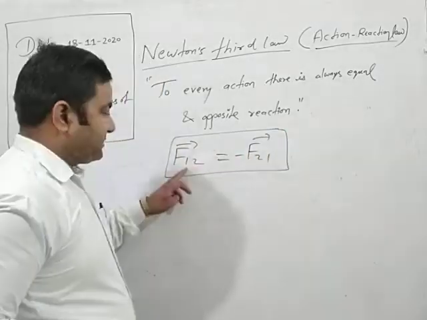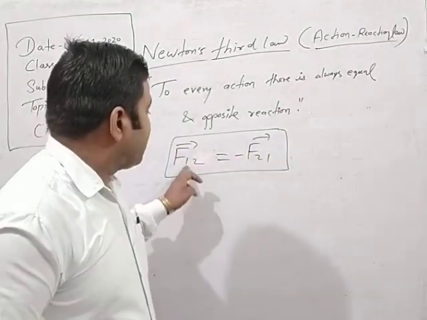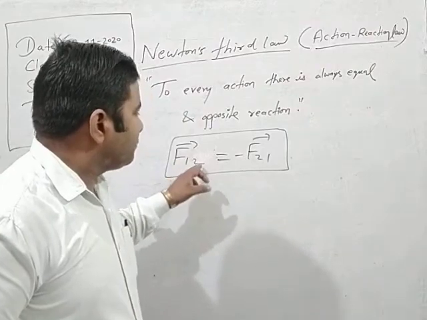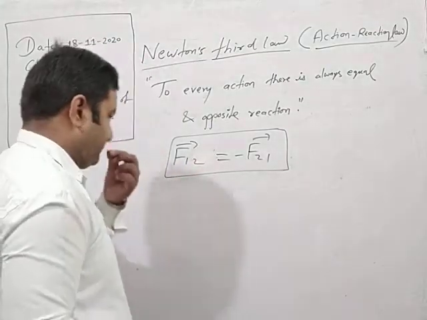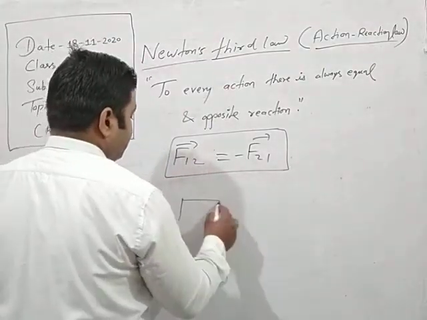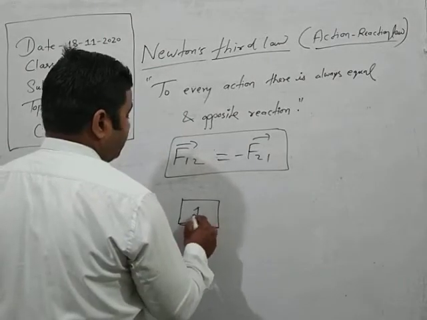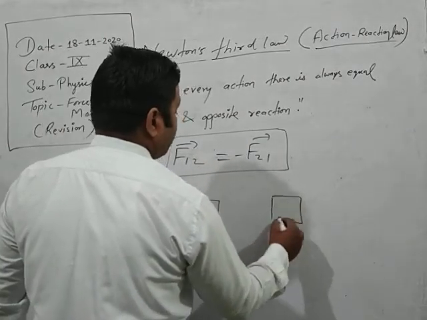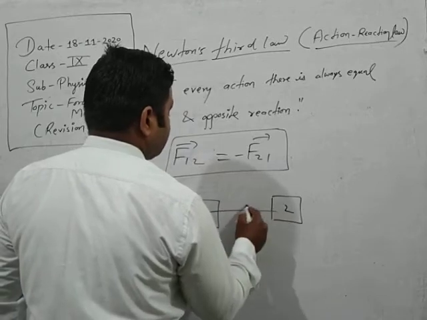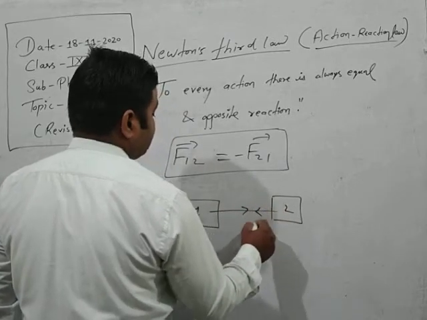This is the force of action, that is force on body 1 due to 2. Suppose here are 2 bodies. This is body 1. This is body 2. This body is applying force on this, and this body is applying force on this.